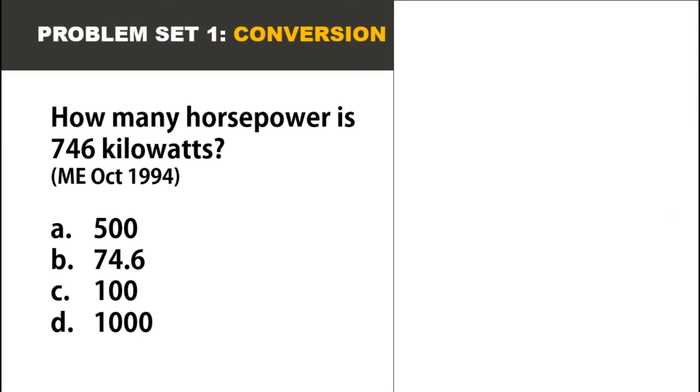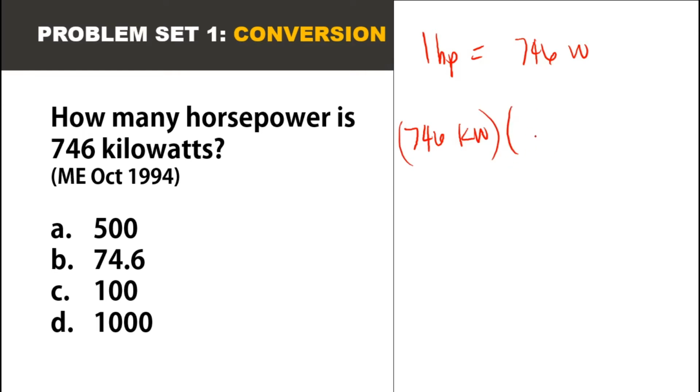How many horsepower is 746 kilowatts? We have the conversion: 1 horsepower is 746 watts. So you have 746 kilowatts.